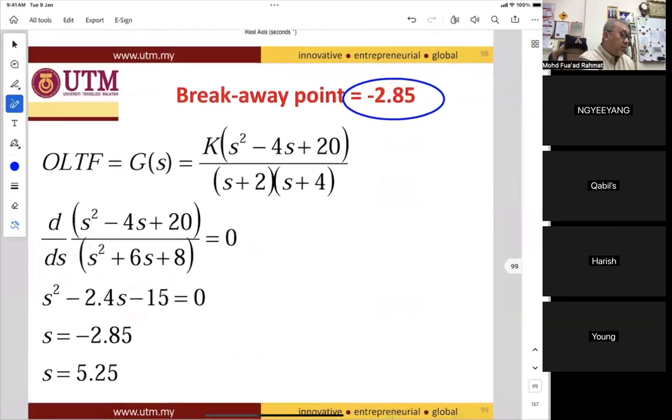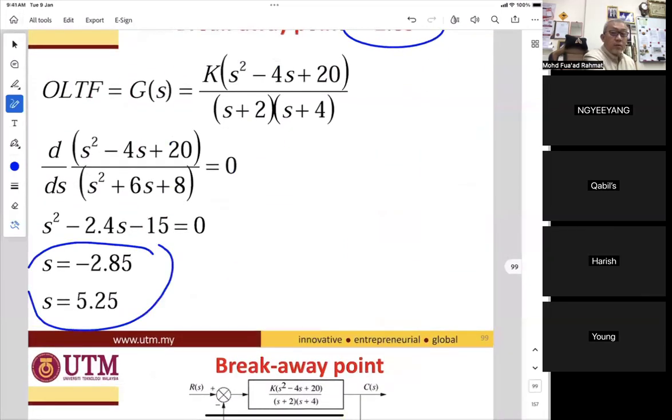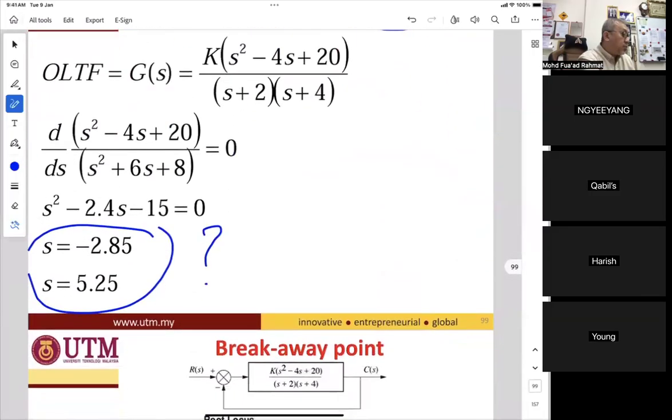Okay, u divided by v. So we have 2 points. Yes, Doctor. Which one do we have to choose, minus 2.85 or 5.25? Minus 2.85. Why?